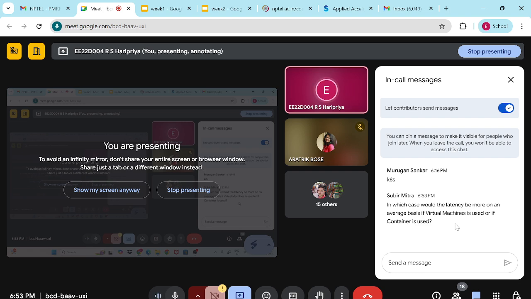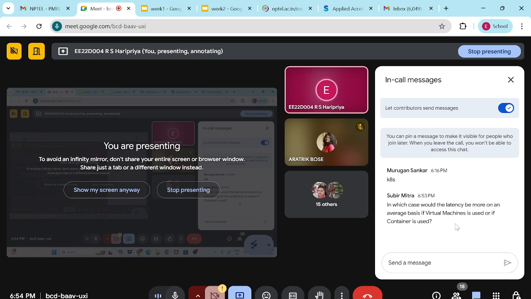The question is, in which case could the latency be more, the virtual machine or the container? In the container, the layer used is a very thin layer.